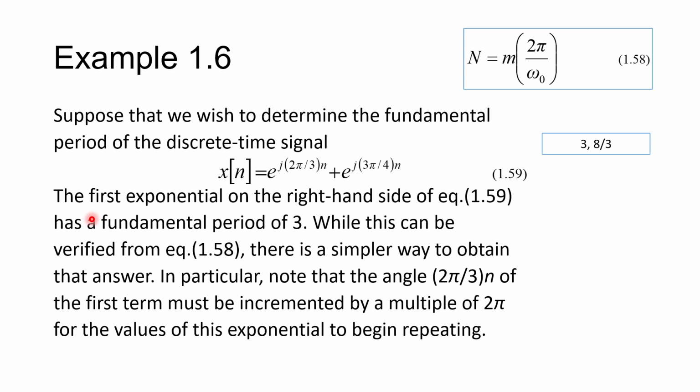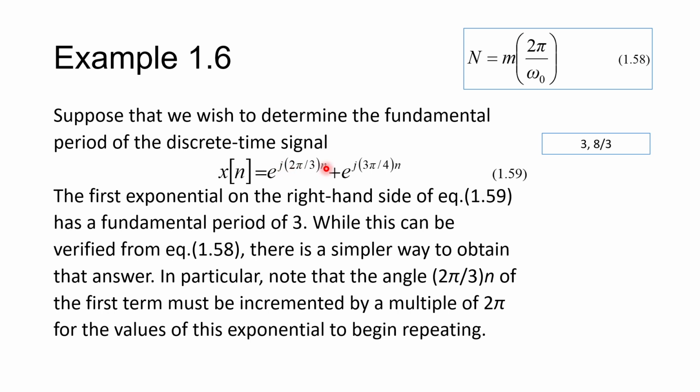And the book offers another way to do this. It says it's simpler, but well, it depends what you think. It's kind of a dumber way. The other way to think about this is that for this to be a period, you want a multiple of 2 pi here.